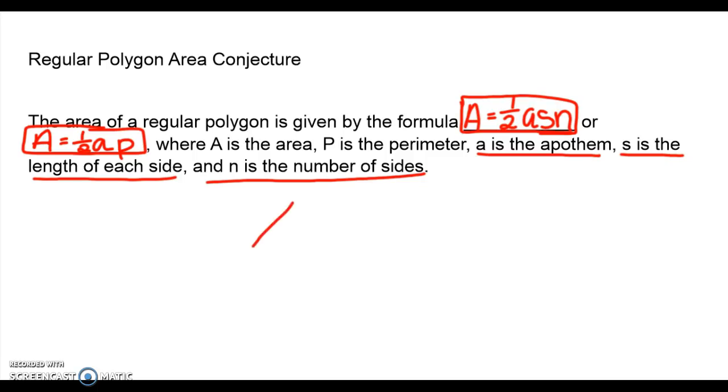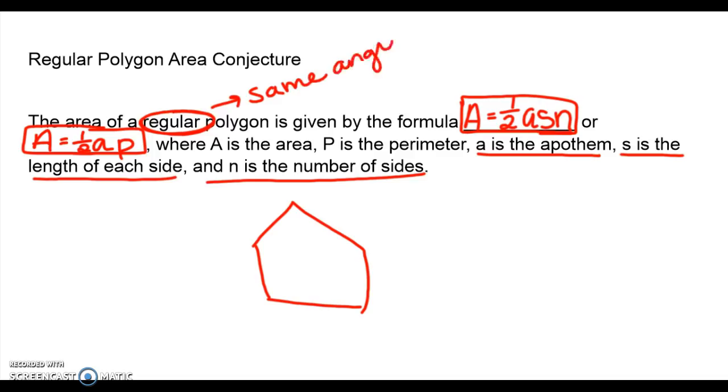Okay, so if we have, let's say, a hexagon here, okay, make sure that we know that, a pentagon, sorry, it's always going to be regular. Okay, so regular means that they have the same angle measures all around and the same side lengths all the way around, right? All the sides are the same, all of the angles are the same in a regular polygon.